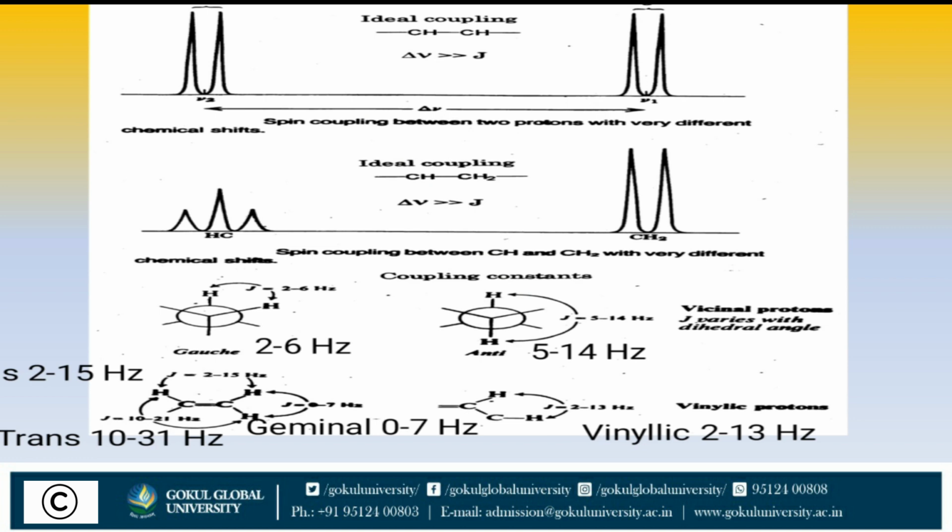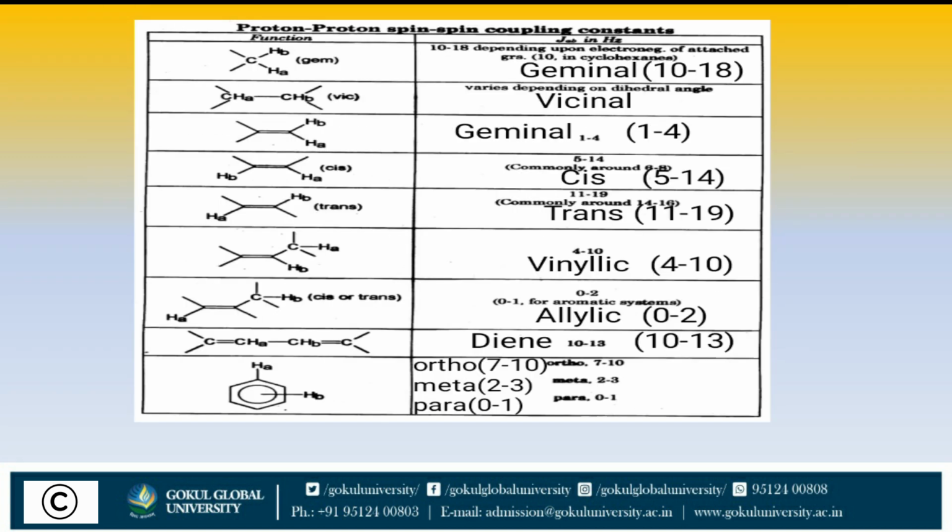In another vinylic example, for the nearby protons the J value is 2 to 13 hertz. So the angle is more important in vicinal, geminal or long range coupling protons. So here delta nu is greater than J. These are the values of the protons.